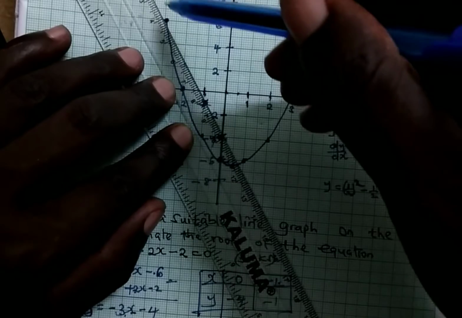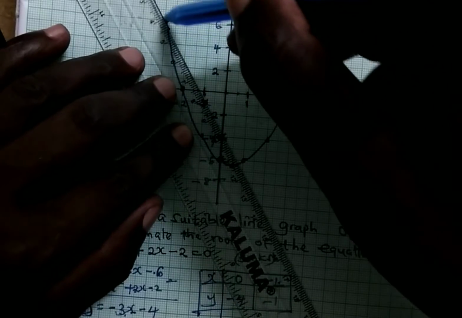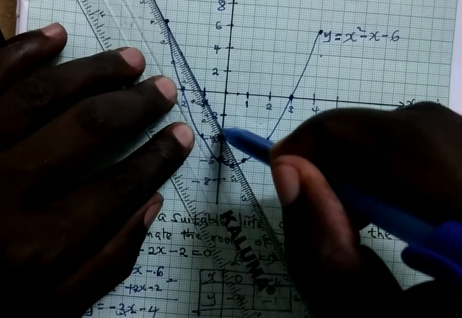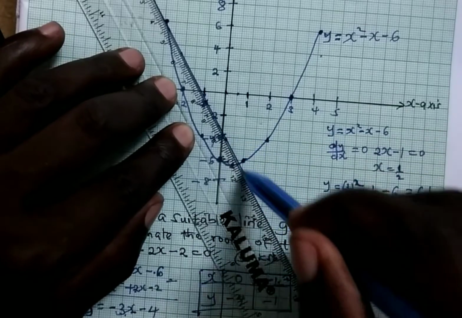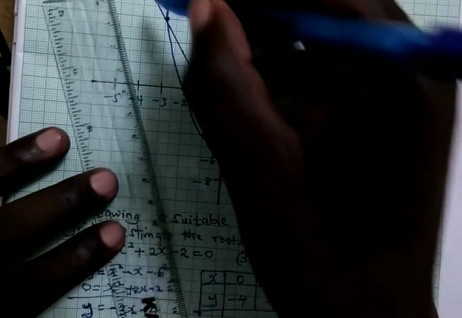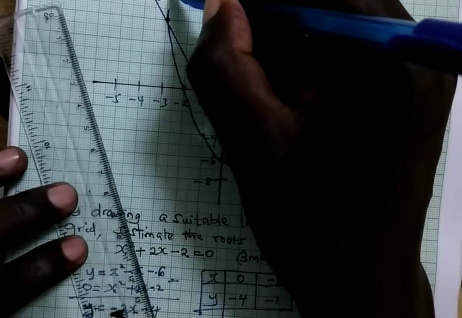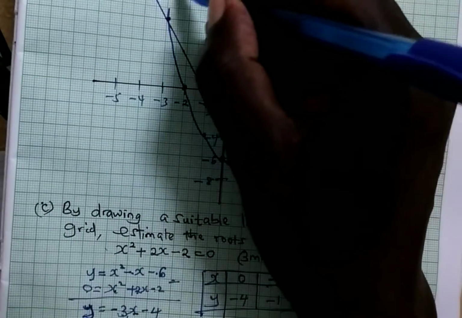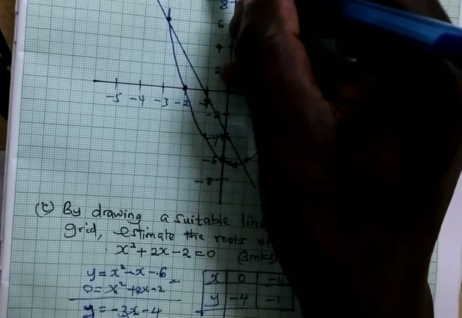Make sure you draw a line that is going to bisect this curve at any 2 points. This is our curve, and the line we have here is y is equal to minus 3x minus 4.